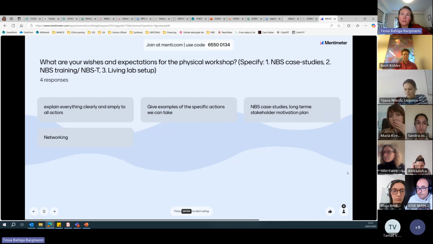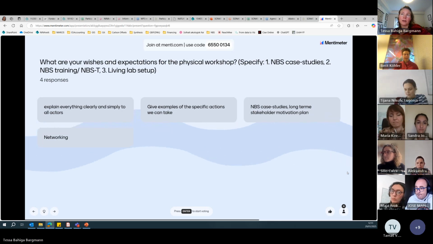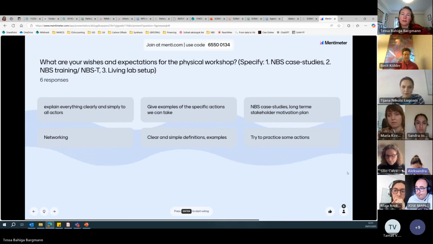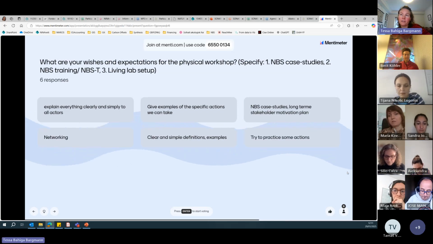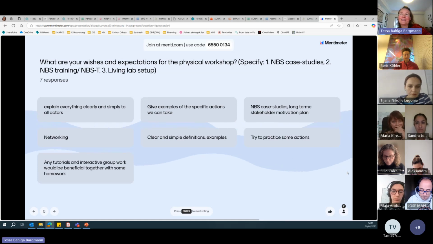Give examples of specific actions for networking and giving case studies, clear and simple definitions, examples. Practice some actions. What is meant by this?